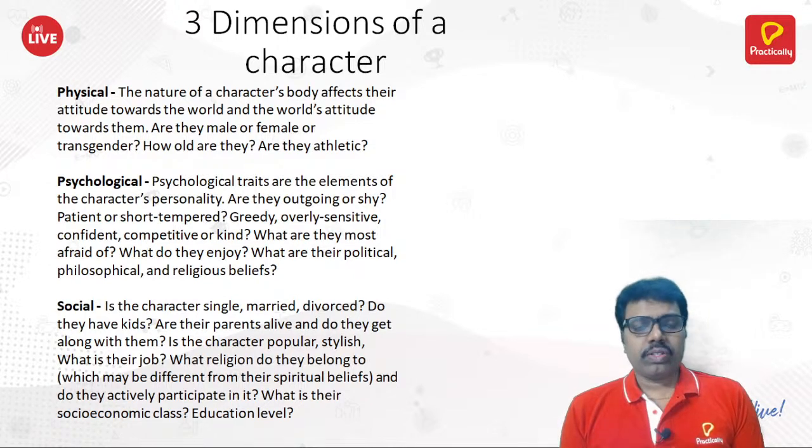Maybe you see a character for 5 minutes of the length of the movie or the book. Those are like guest-type characters. They come, they appear, they do something, an action, and they disappear. That's how it should be. I'm not talking about a 5-minute or small character. I'm talking about main characters.